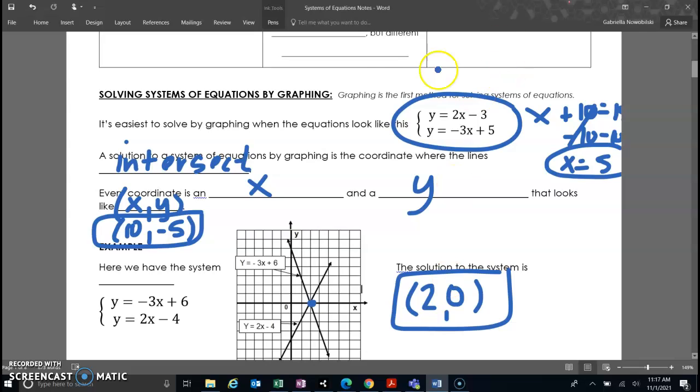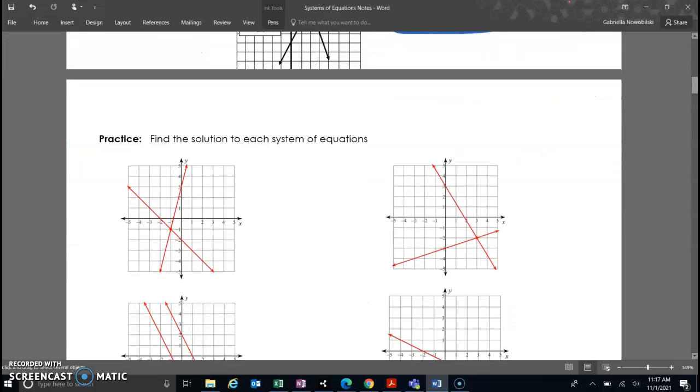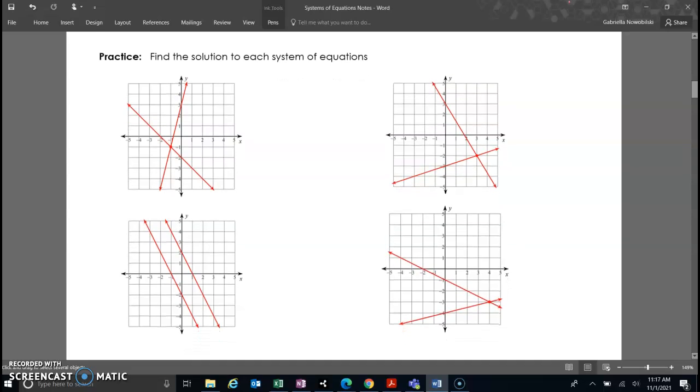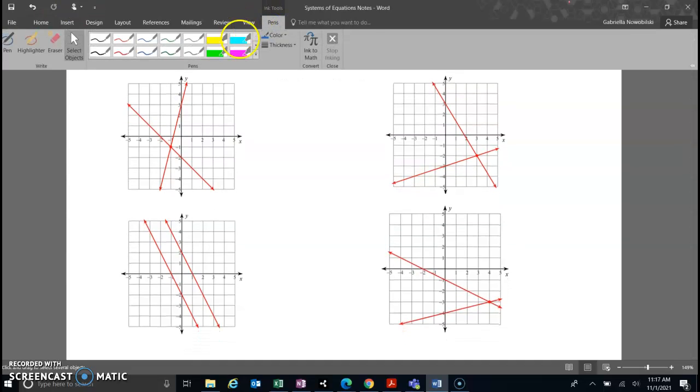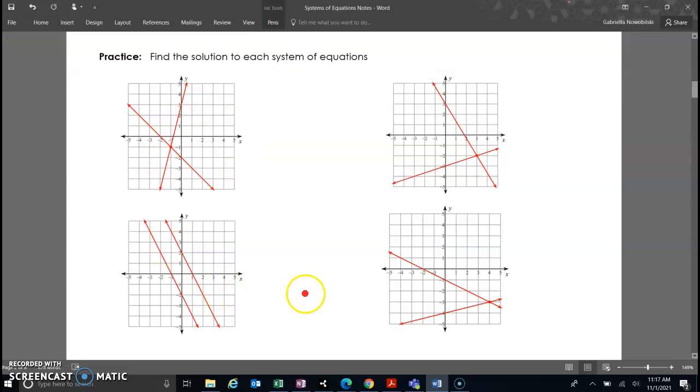Let's scroll up here and work through these now. This is the next page in your note sheet. You can pause your screen and try to work through them.